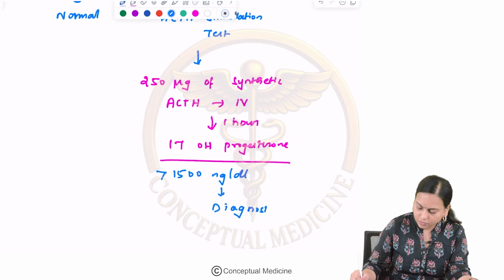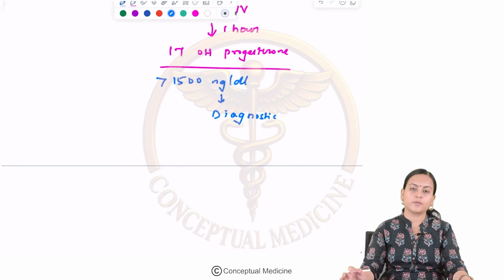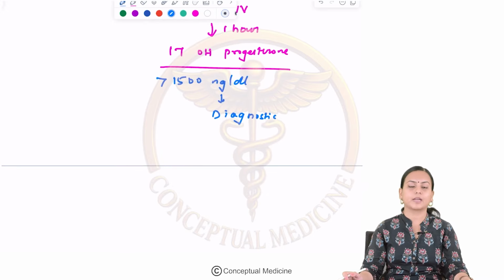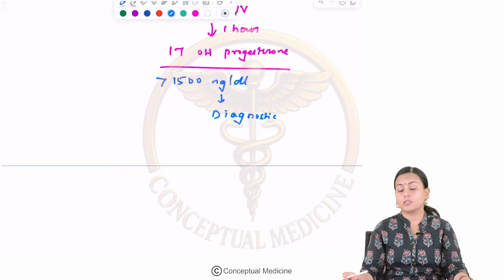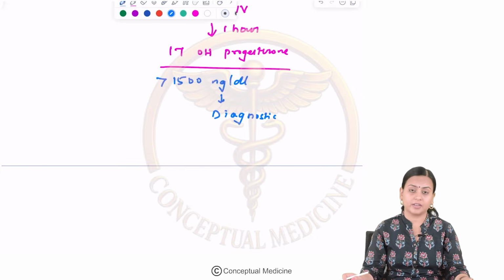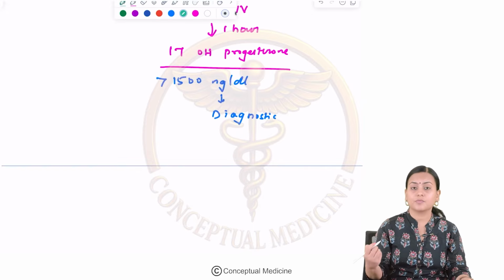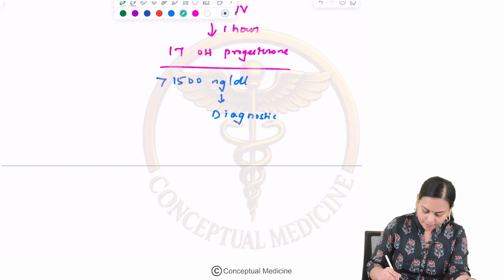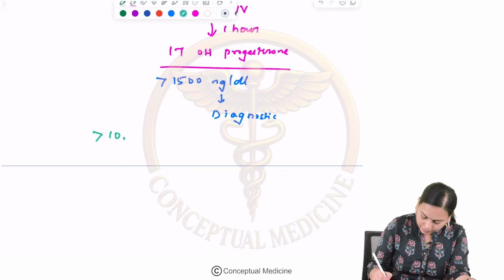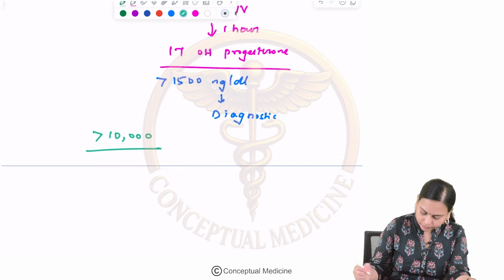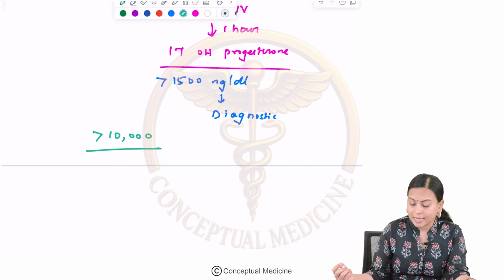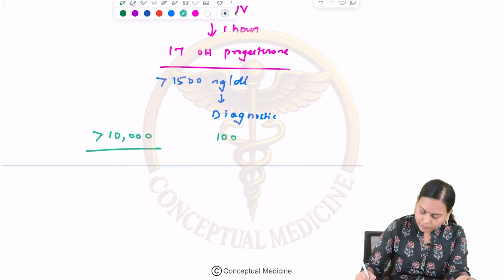Okay. So, we can even have two types of congenital adrenal hyperplasia. One can be the classic one, and there is also a non-classic type of congenital adrenal hyperplasia. I will explain it soon. But remember, for the classic types where there is enzyme deficiency, this value can even go above 10,000. Okay. For the non-classic types, this value will usually lie between 1000 to 10,000. Okay.